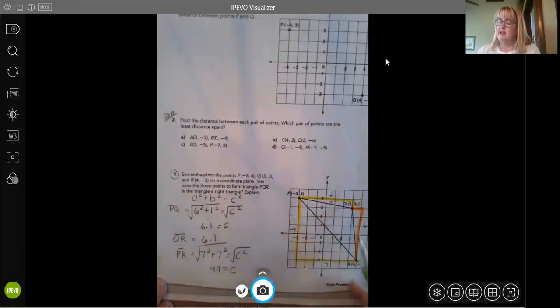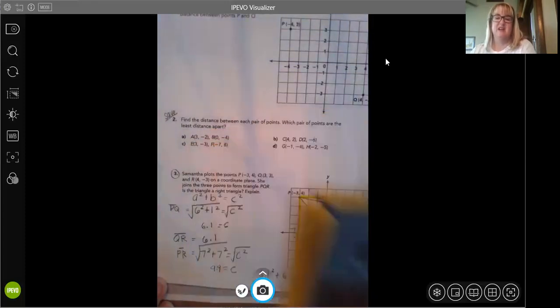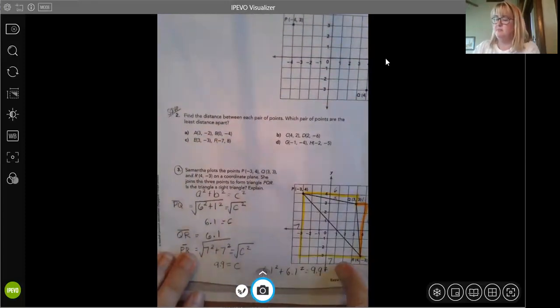So leg, leg, hypotenuse. 6.1 squared plus 6.1 squared equals 9.9 squared.